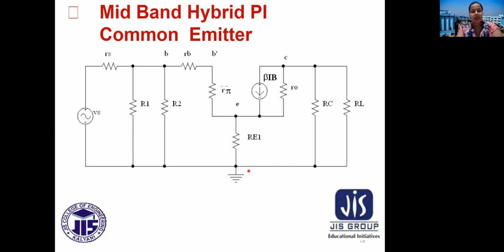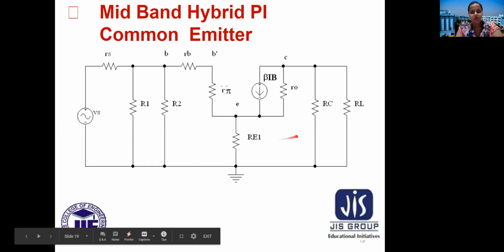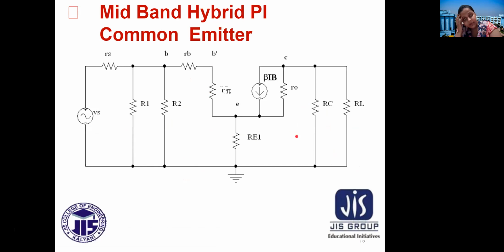Mid-band hybrid pi common emitter. Same. Generally we use common emitter because common emitter type NPN transistor will be much more effective for our circuit arrangement.